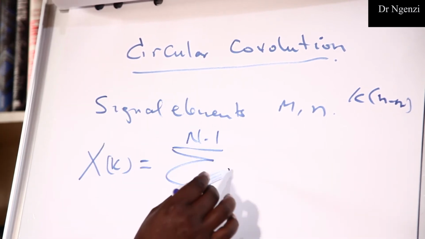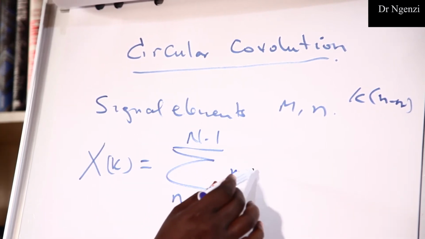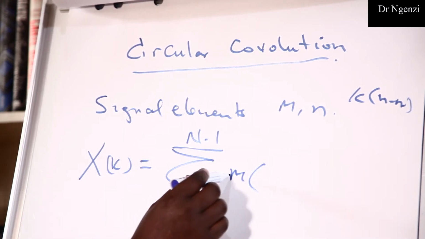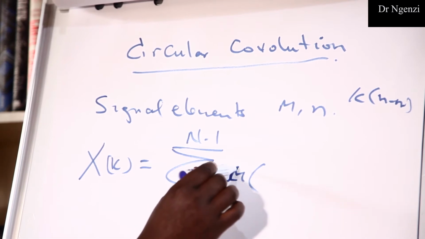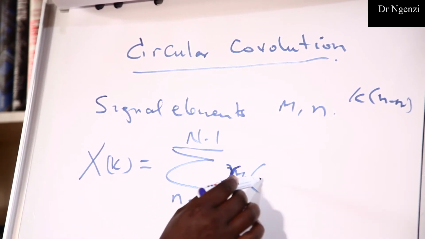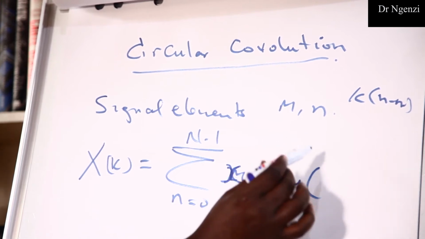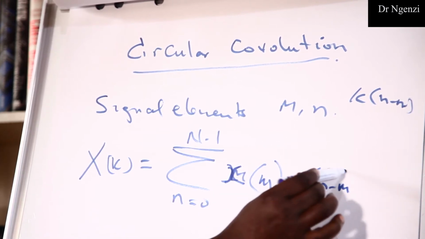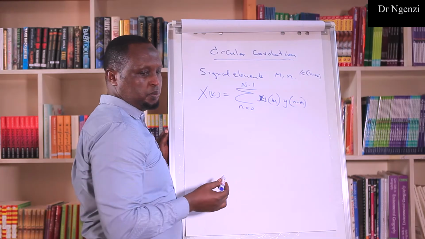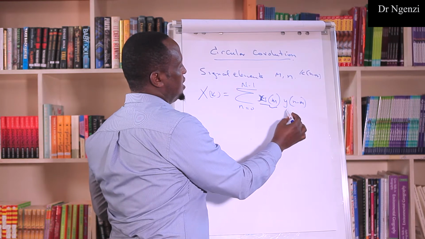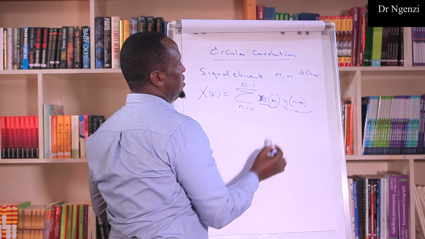Then in this case, we are using our signals. Signal x is going to be m, then multiplied by y of n minus m. So the first signal is this side, and another signal is this one.